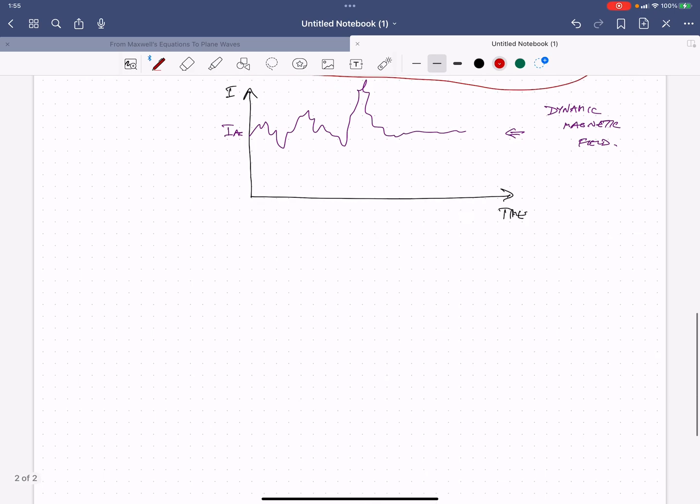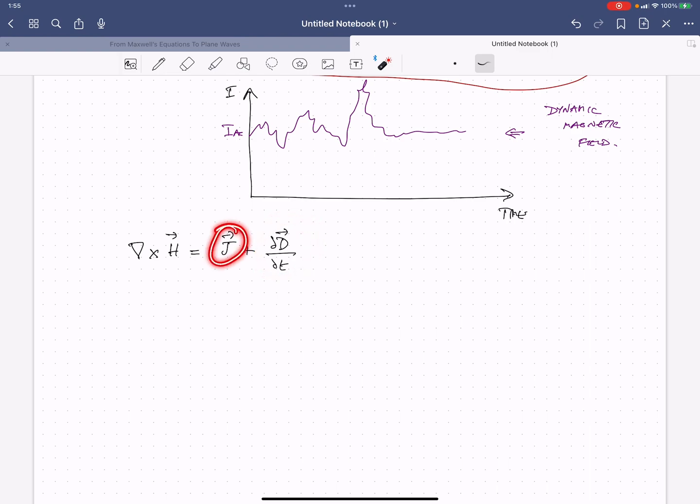So from Maxwell's equations, the parts of the equations that are describing magnetic field, we have one that says del cross H is the current density plus the change in the electric flux, or you can think of this as the displacement current.